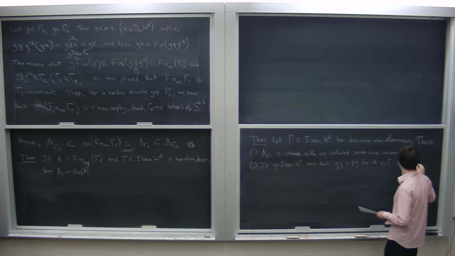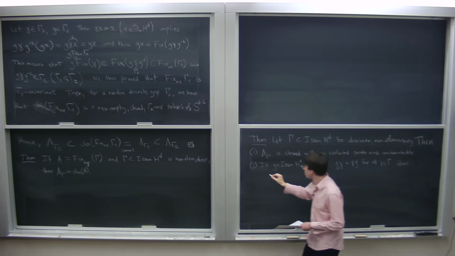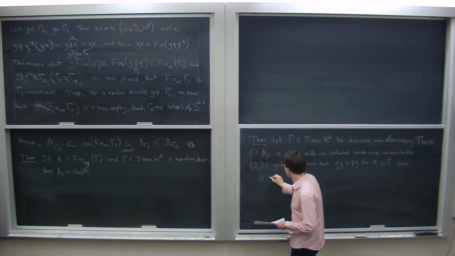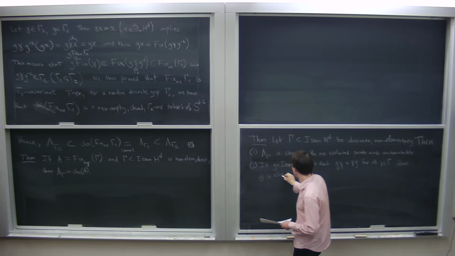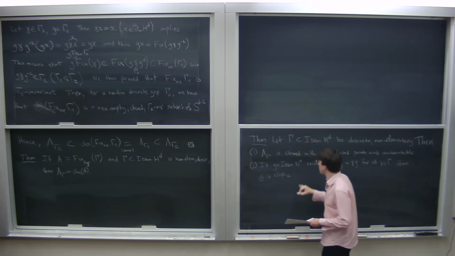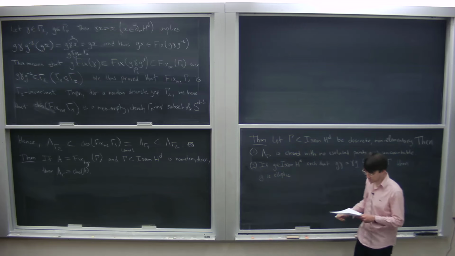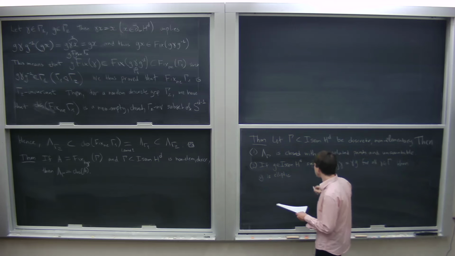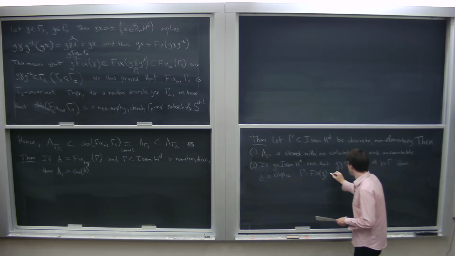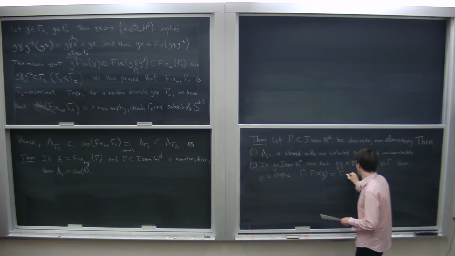So G is elliptic. And in fact, our group gamma leaves invariant the fixed point set of G. So gamma applied to the fixed point set of G is the fixed point set of G.